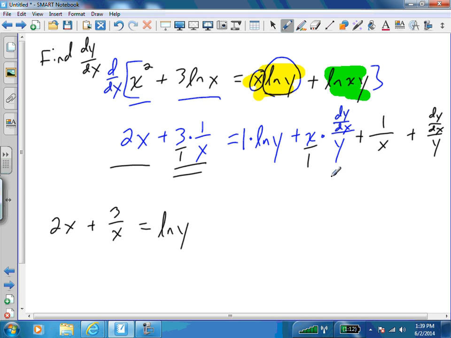Since dy over dx is what we're trying to isolate eventually, let's rewrite this. Let's group the x and the y together. dy over dx over 1, or we could just call that dy over dx. That makes sense, what we did there.